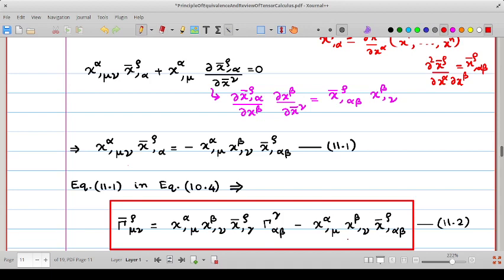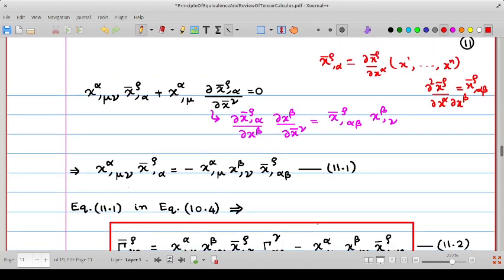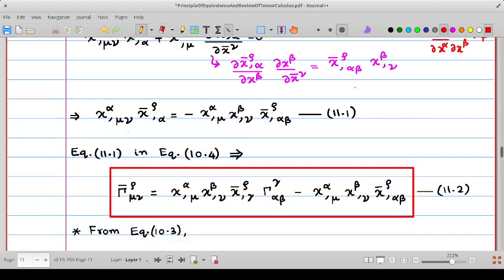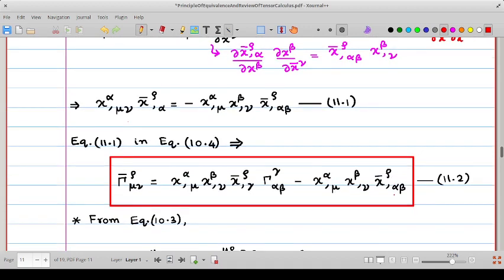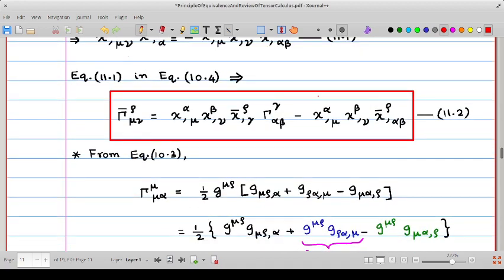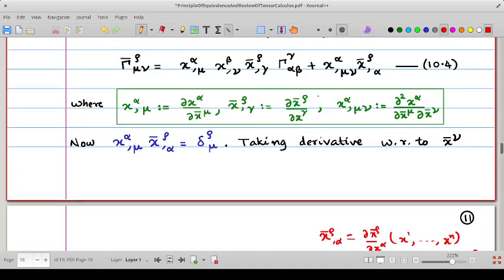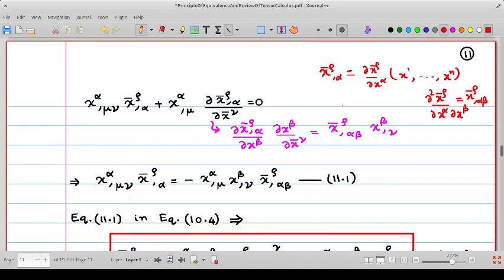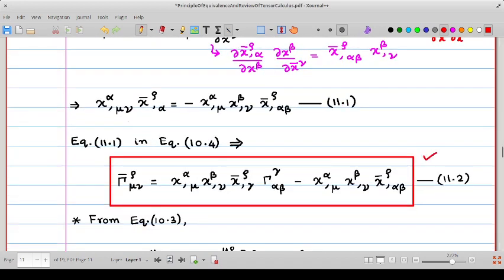So writing that explicitly over here, we get x alpha comma mu x beta comma nu x bar rho comma alpha beta. So the transformation rule for the Christoffel symbols can either be written in terms of this equation, which involves a second derivative of the coordinates, or in terms of this expression.